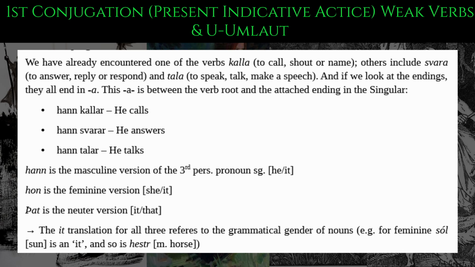Now, the it translation for all three refers to the grammatical gender of nouns. You see, for example, the feminine noun sol, which means sun, is not really a she, but an it. And so is hestr, which means horse, and is a masculine noun, but not really a he.